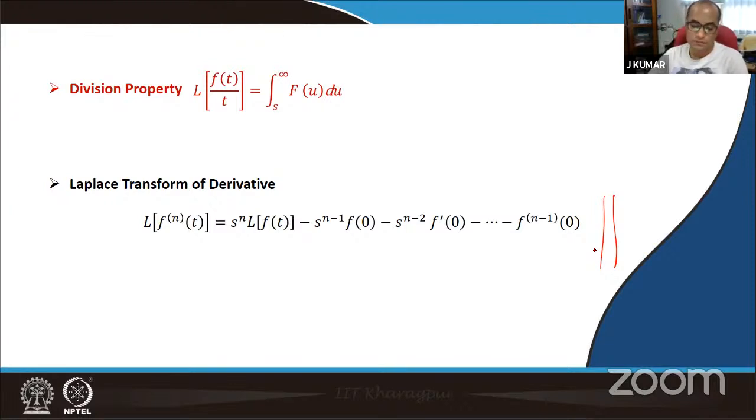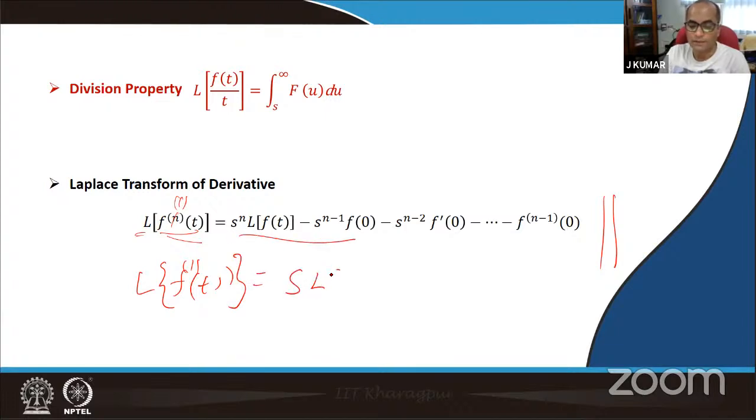Considering n equal to 1 for simplicity, when we take the Laplace transform of the first derivative df over dt, it is simply s times the Laplace transform of f(t), and then minus f(0).